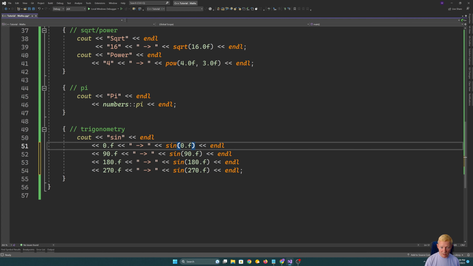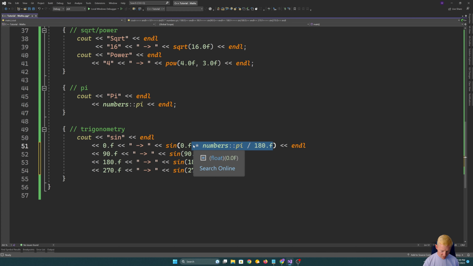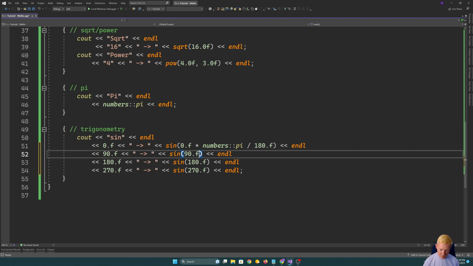To convert something from degrees to radians, we multiply it by pi. Now, I don't think there's a constant. Yeah, there isn't one already there for degrees to radians, but we can multiply it by pi and divide it by 180. So I can just put this in for each of these.